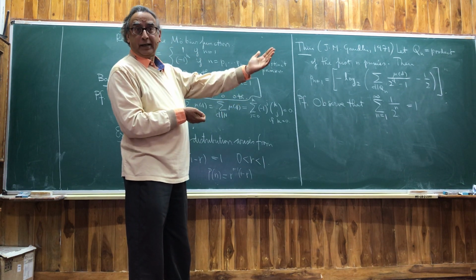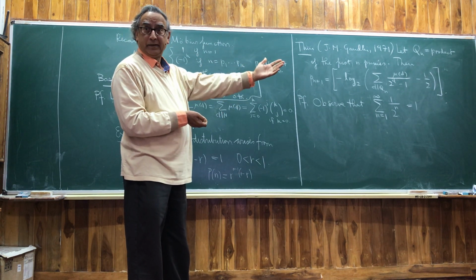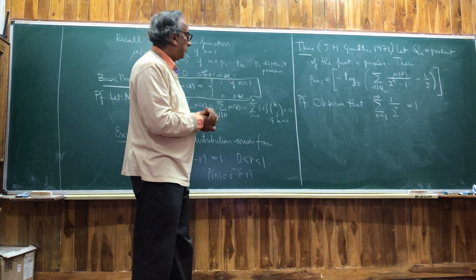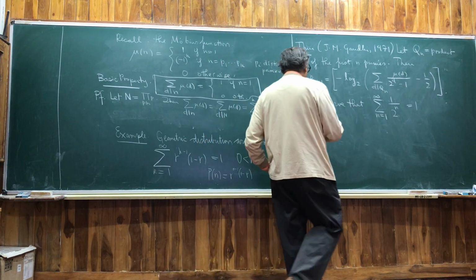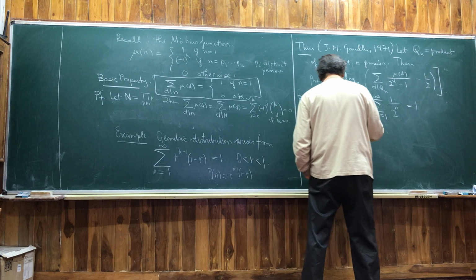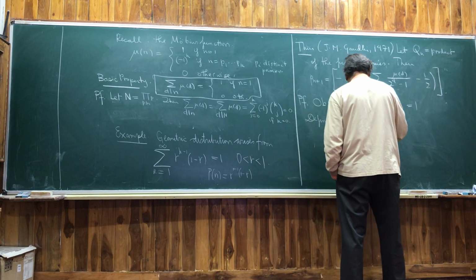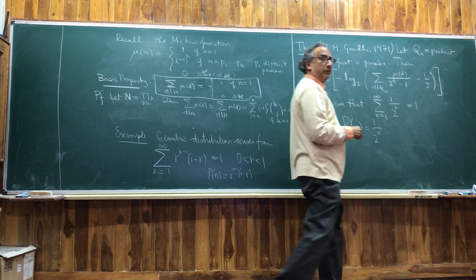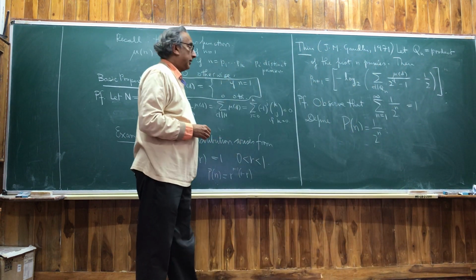Anytime you see an integral integrating to 1, you can also, we'll come to that later. But here we have a sum coming to 1. Therefore, define the probability of n, the measure of n, to be simply 1 over 2 to the n, for each natural number n.